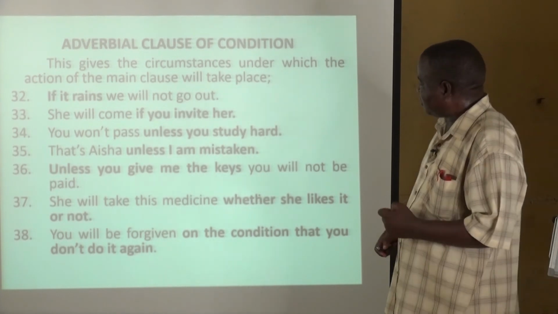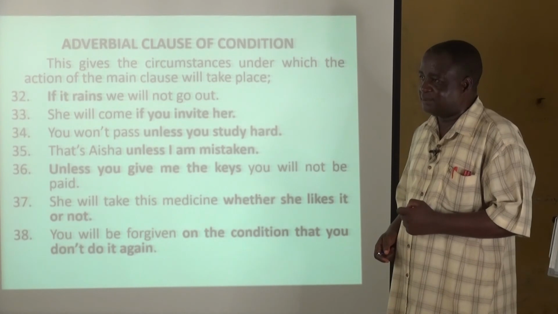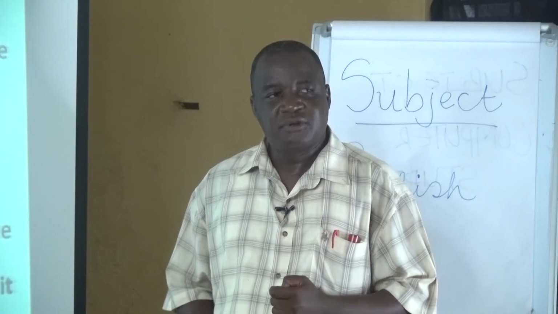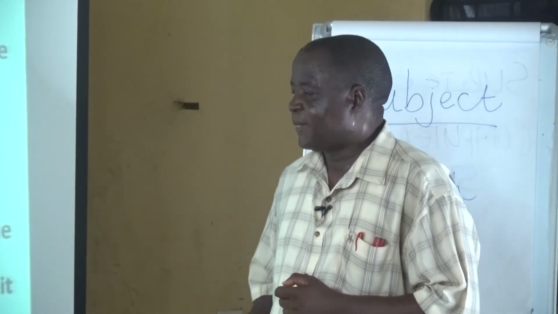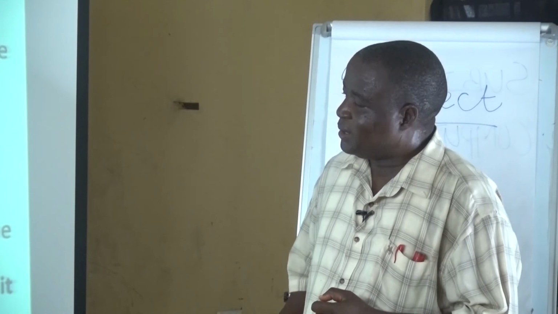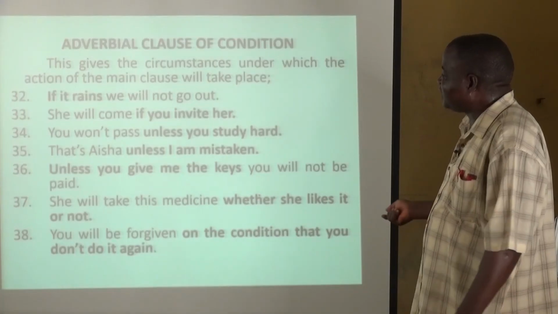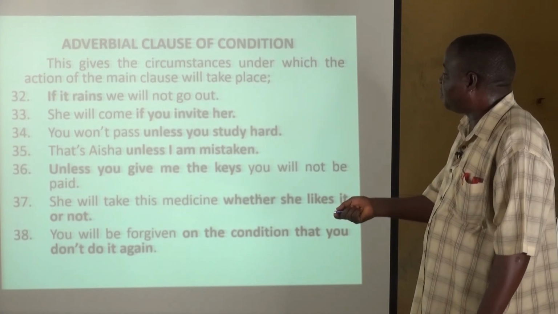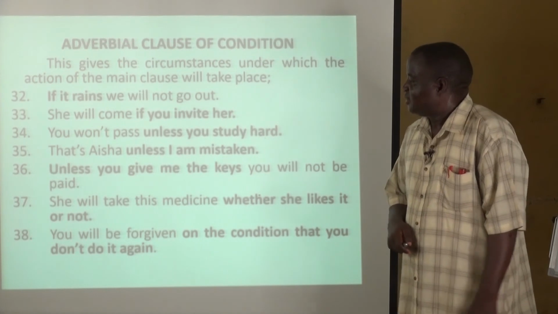You will be forgiven on the condition that you don't do it again. Here, "on the condition that you don't do it again" is an adverbial clause of condition, which modifies the verb "will be forgiven." Next slide.